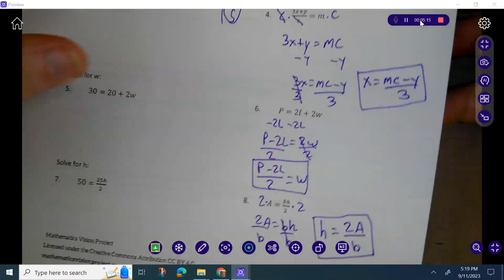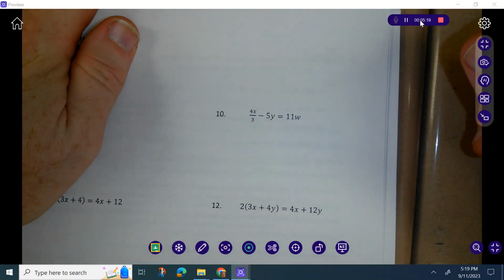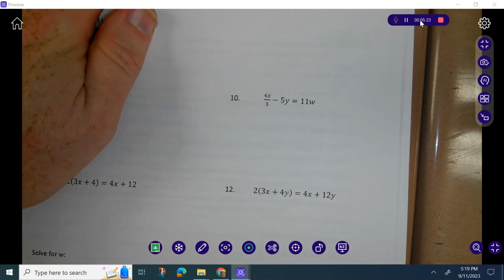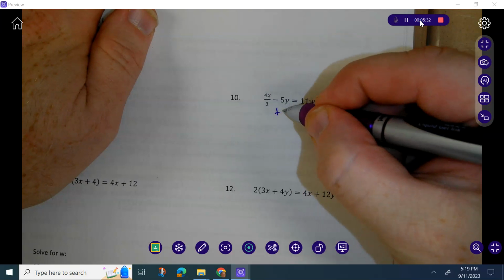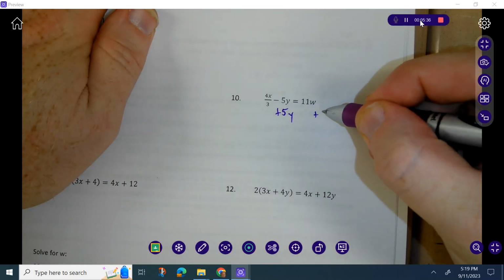Now, let's look at some problems that might appear a little bit more difficult, such as number 10 here. Just remember, when you're solving literal equations, it means you just can't combine things. I want to get x by itself, so I'm going to add 5y to both sides.